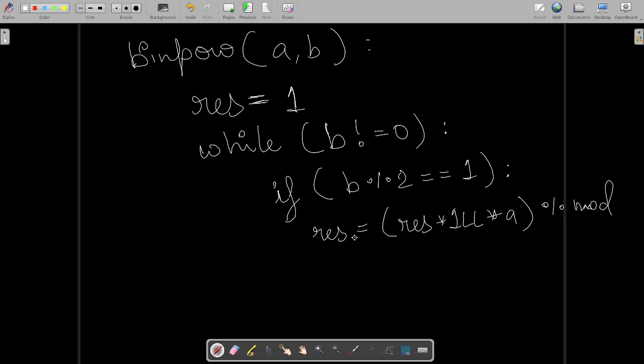right? Now even for a you will do the same thing, a into 1ll into a modulo mod. B you don't need to worry about.